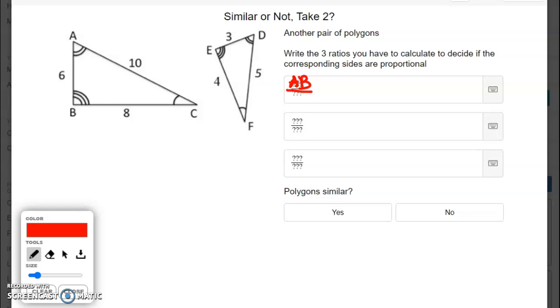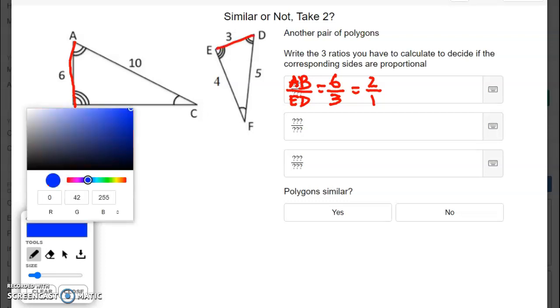We're talking about ED. AB is 6 and ED is 3, so dividing numerator and denominator by 3, you get 2 over 1. Okay, so that was AB over ED.